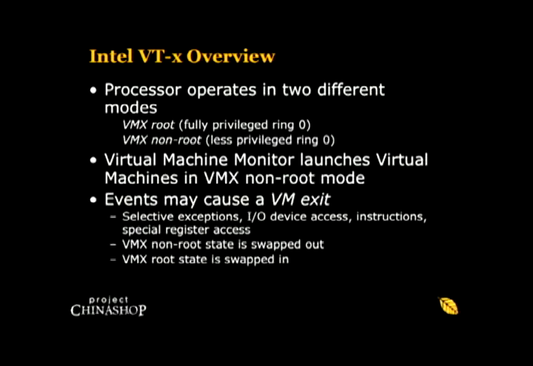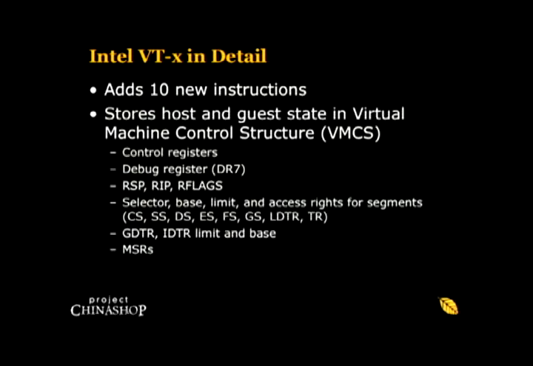And basically, whenever a VM exit happens, the VMX non-root state is swapped out, and the VMX root state is swapped in, much like the cube transition that Keynote does. So how does Intel do this? They added 10 new instructions and a data structure called the virtual machine control structure.